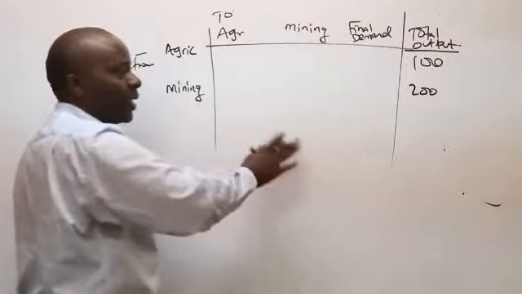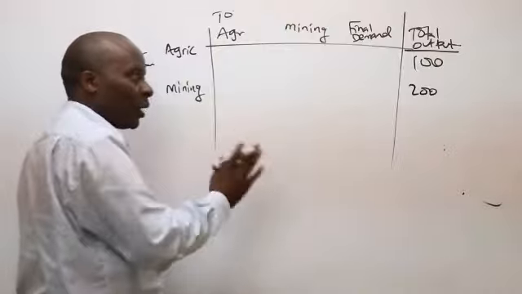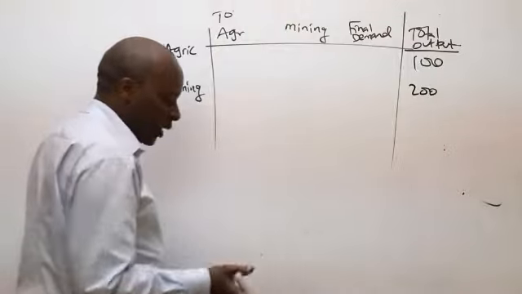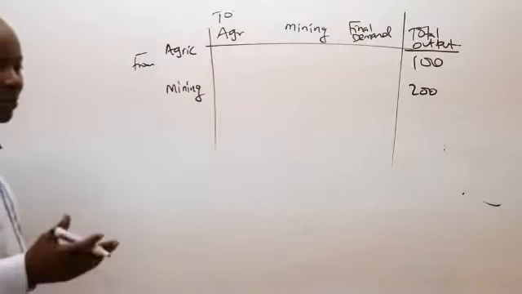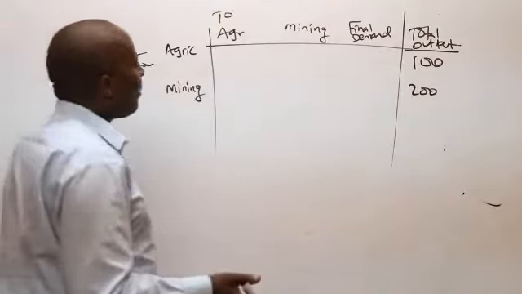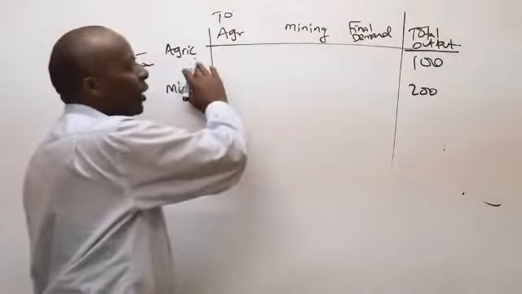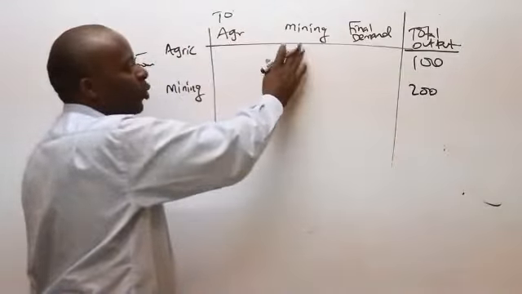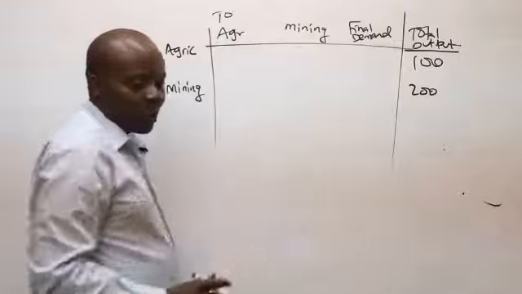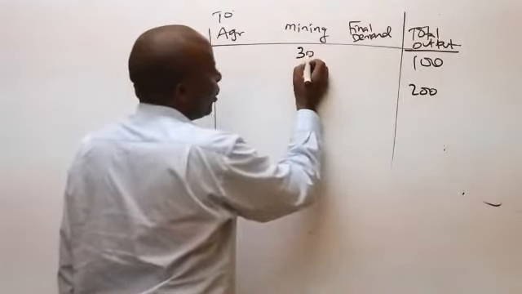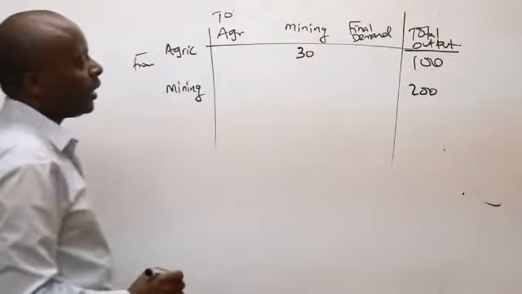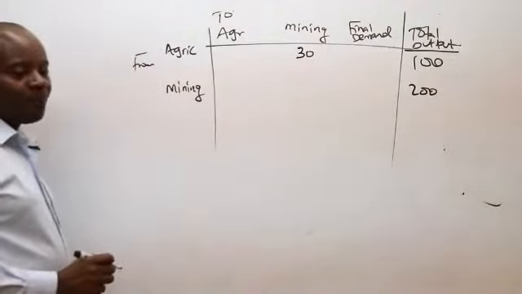Now from agriculture, ladies and gentlemen, in the year, there will be quite a lot of transfers between sectors. That's very normal. For example, agriculture could have sold some bags of maize to the mining industry, say 30 kilograms to the mining sector.